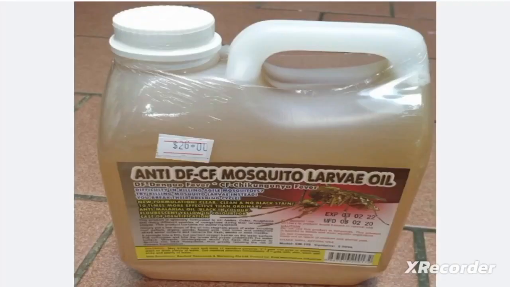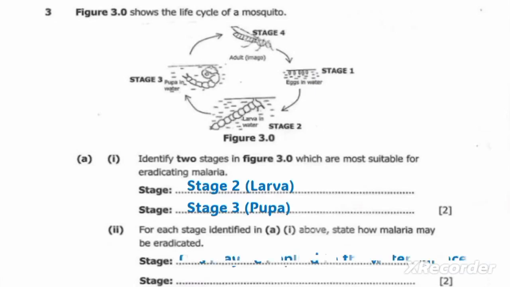So we can use oil to eradicate larva. So at stage 2, oil may be applied to the water surface so that the oil can prevent larva from accessing oxygen.